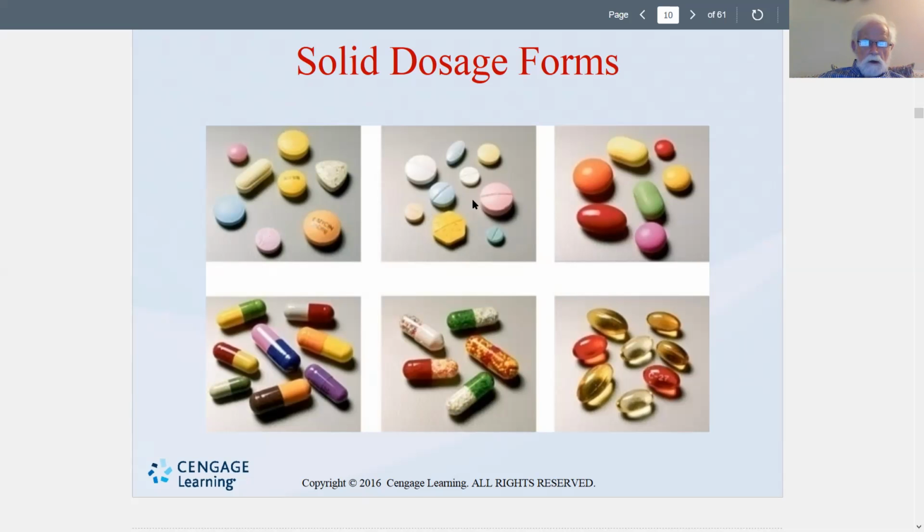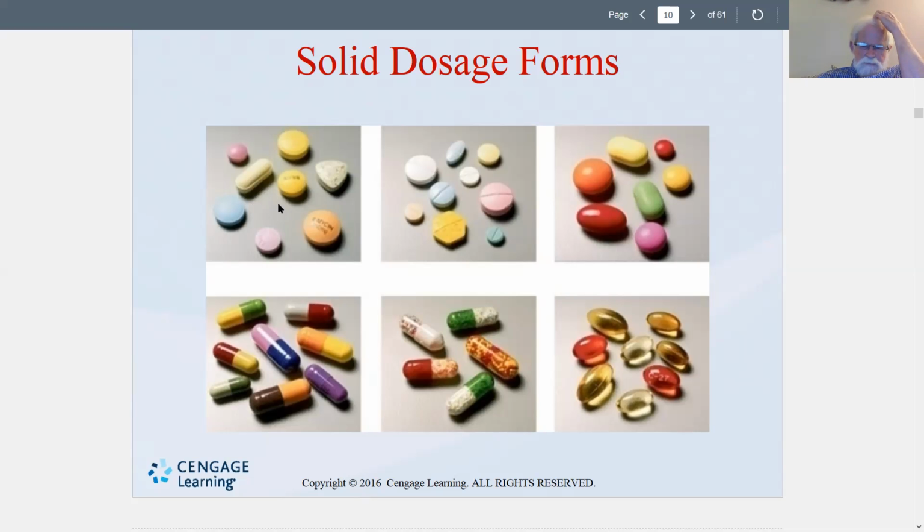We have different colors, we have different shapes, we have different sizes. All of these can be used to identify a drug that somebody brings in and says, I don't know why Granny was taking this, but here's her pills and hands you a baggie full of a dozen different kinds of pills. So we can use these pictures, what they look like. And we saw that in COM 103. We saw pictures of some drugs. Each one is unique.